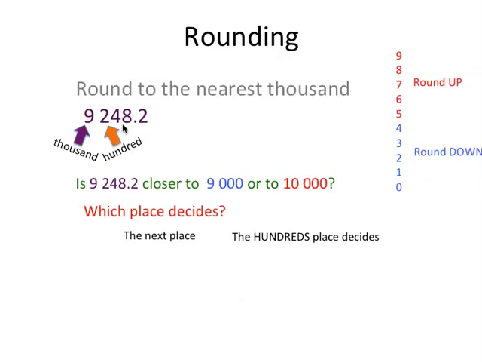In this case, it's a 2, so we round down. By rounding down, I mean we keep the 9, and everything else becomes zeros until we get to the decimal. So 9,000. Keep the 9, and all the digits to the right become zeros until you get to that decimal point.